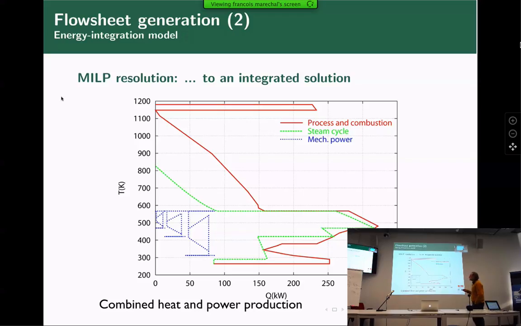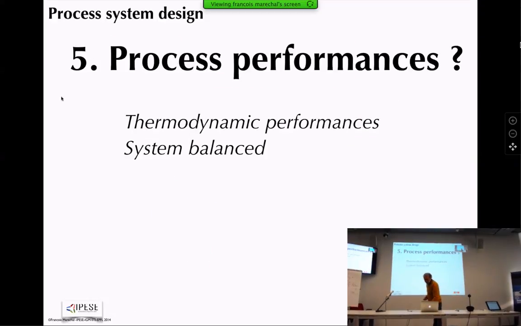This allows me to calculate not only the amount of heat, but also the mechanical power that can be produced by the system, by calculating the flows in the steam cycle. I can therefore calculate the performance of the system.